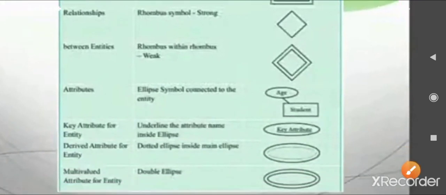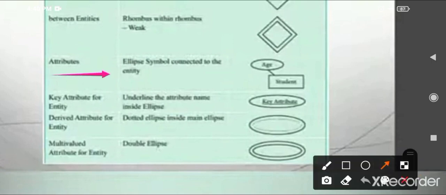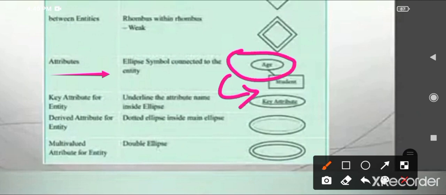The next one is attributes. Here we draw a simple ellipse connected to the entity symbol. A single ellipse should be connected to the entity; here the entity name is student. Can you understand?